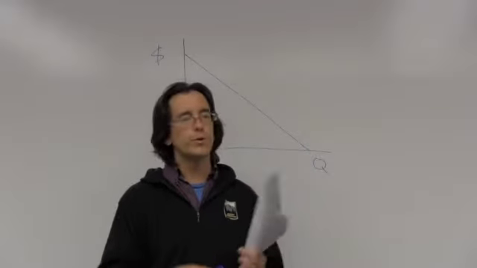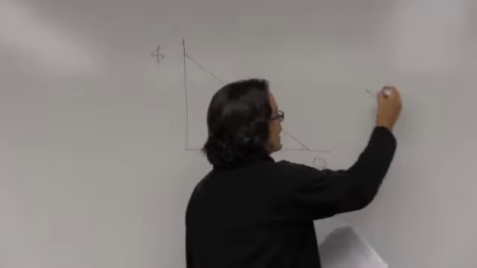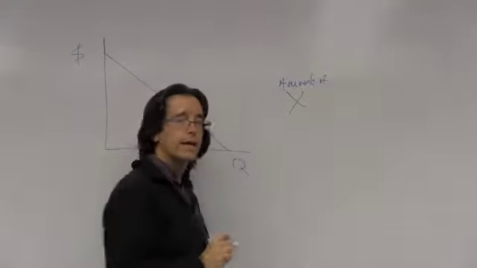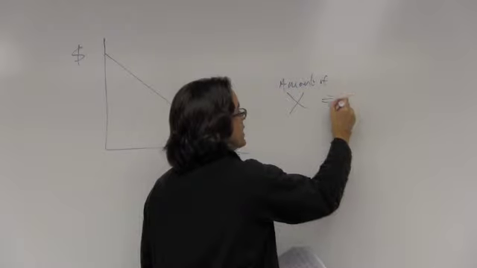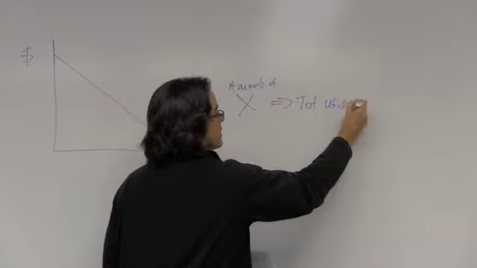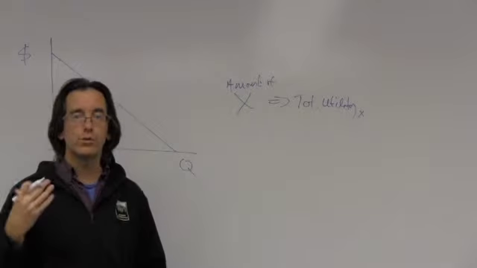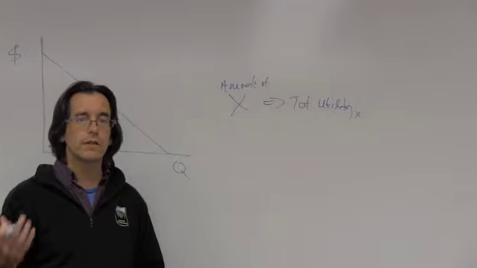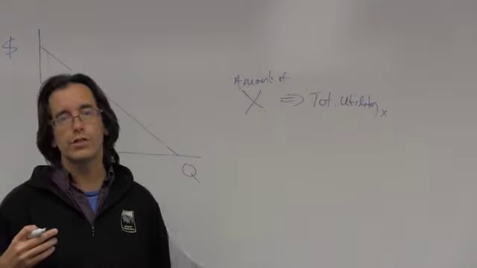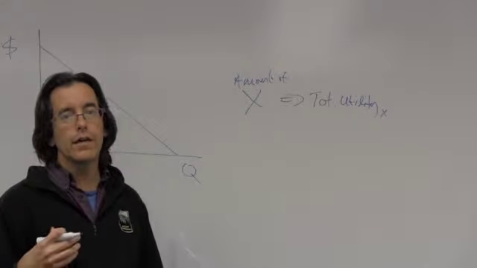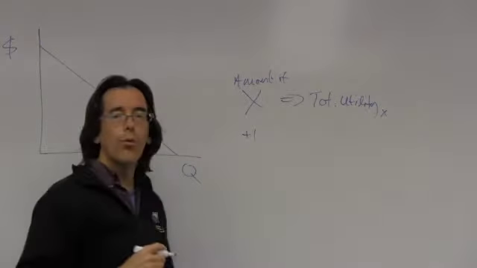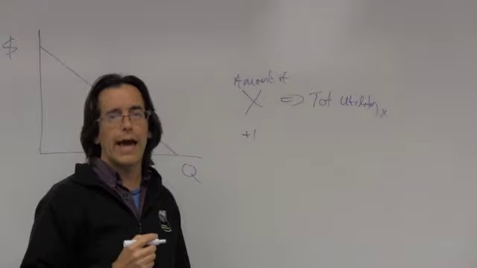So, we consume a good X. Let's just say we've got an amount of X, okay? And that generates a certain amount of utility based on consuming that level of X. Just like other kind of total marginal relationships, we can think of, okay, if we're consuming a certain amount, what if we consumed one more unit of X?